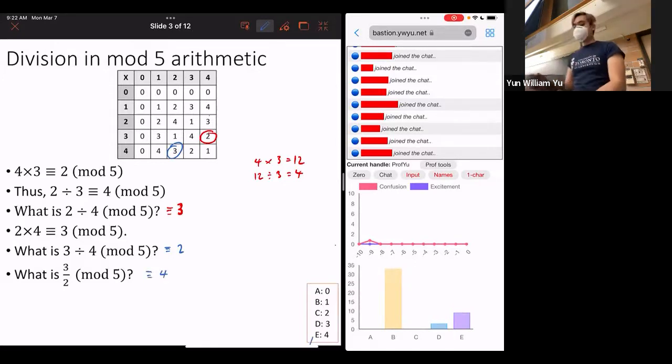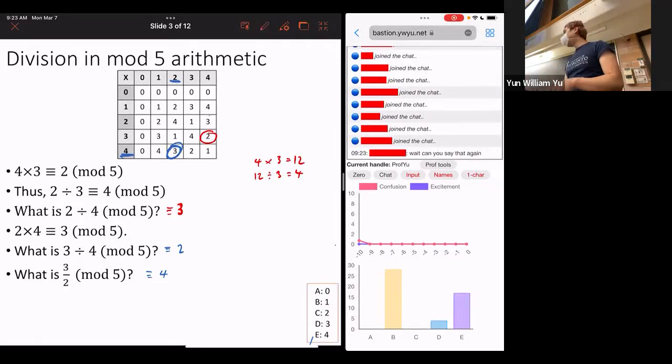And why is this? Because whenever you're doing this division, you first look to see where the 3 comes from, a 2 times something, and you look to see what else it multiplies by. So when you're doing 3 divided by 2, that's equal to 4, and when you're doing 3 divided by 4, that's equal to 2. Sorry, I'm going to use the word equal a lot when I really mean equivalent in modular arithmetic, so hopefully that's not too confusing.